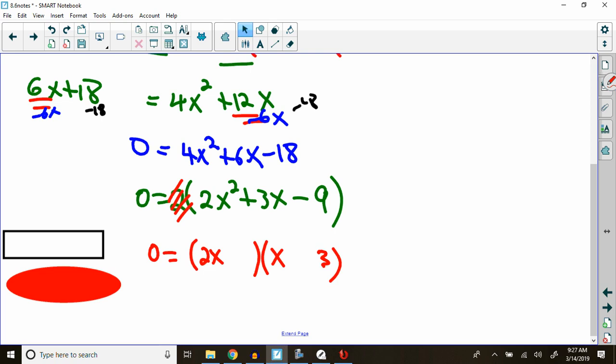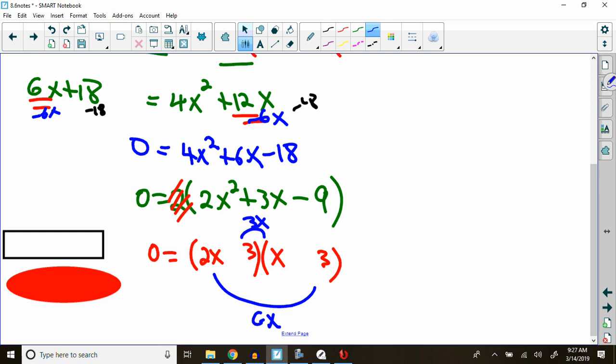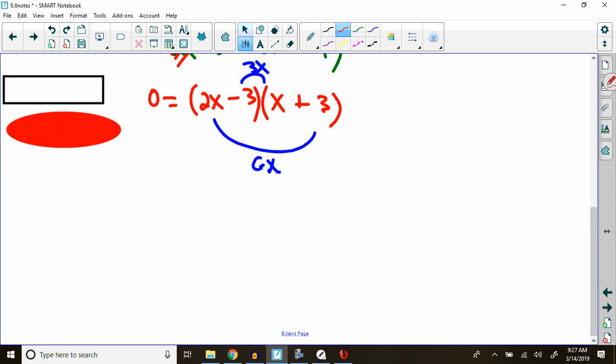This outer product is going to be 6x. This inner product is going to be 3x. So I want 6x and 3x to add up to 3x, right? So I need to make whatever is going to give me the 6x positive. So I'll put a positive here. And I want the other one to be negative then, so I'll put a negative here. Okay, so we're getting there.